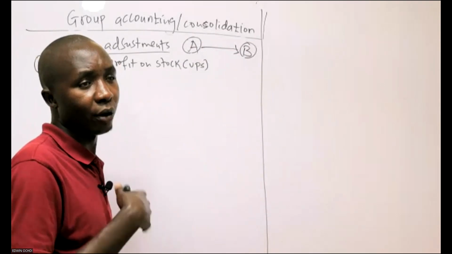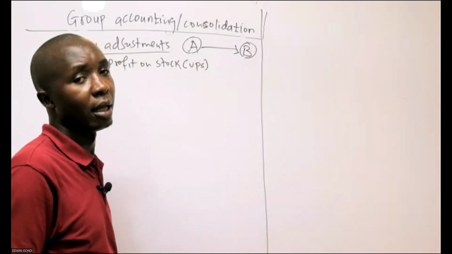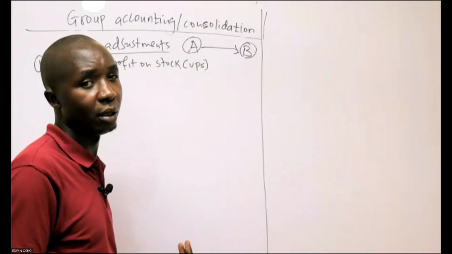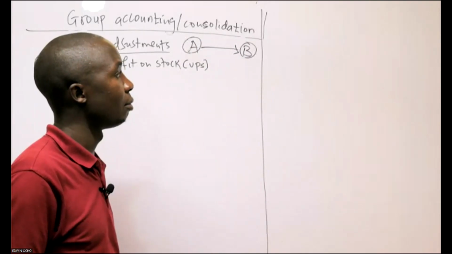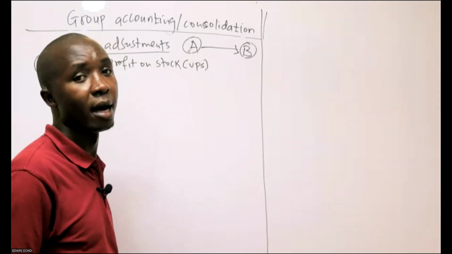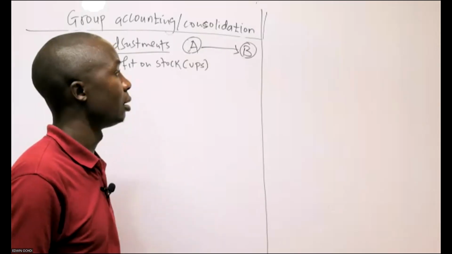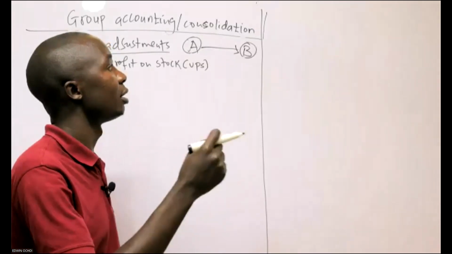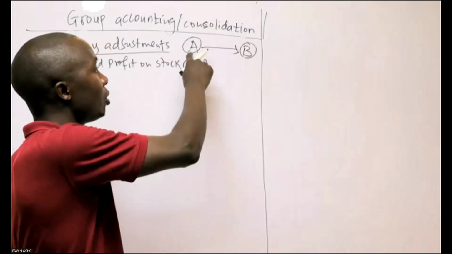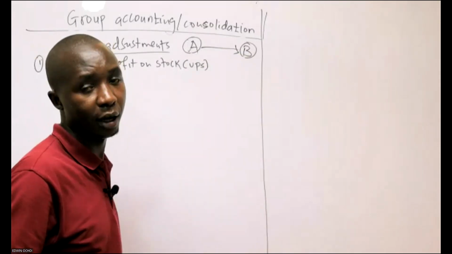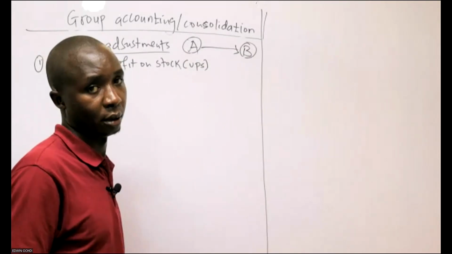But if by the end of the year B never resold all the goods he received from A, it means there is some profit which B never realized, because he never resold all the goods he received from A. That implies that the profit of A is overstated by what B never realized, based on the goods B never resold.